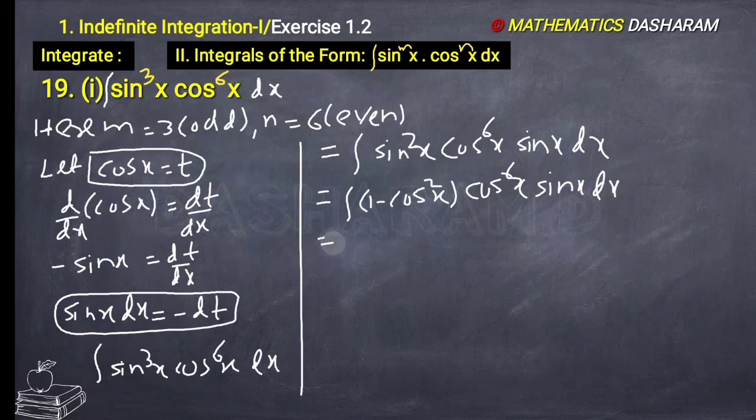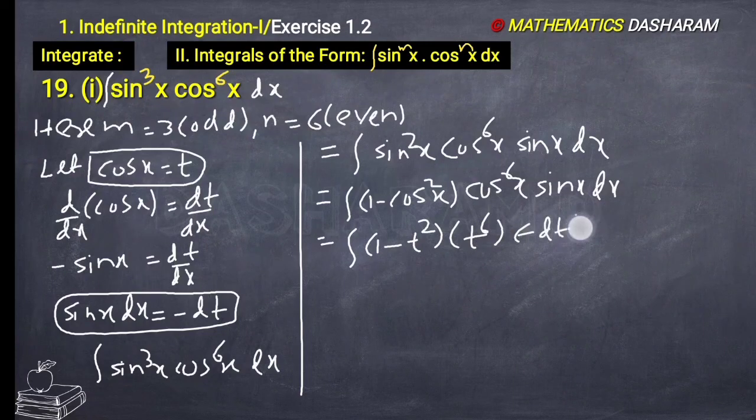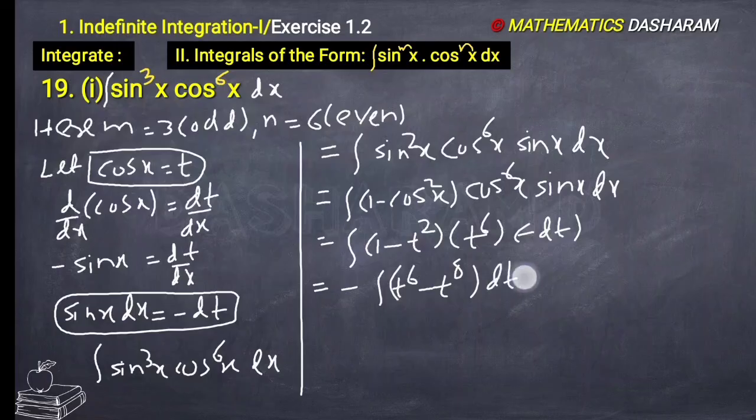Now substitute the values. 1 minus cos square x, but cos x equals t, so t square, t to the power of 6, sin x dx equals minus dt. So minus integration t to the power of 6 multiplying inside, t power 6 minus t power 8, whole dt. So minus, apply the integration for each term separately.